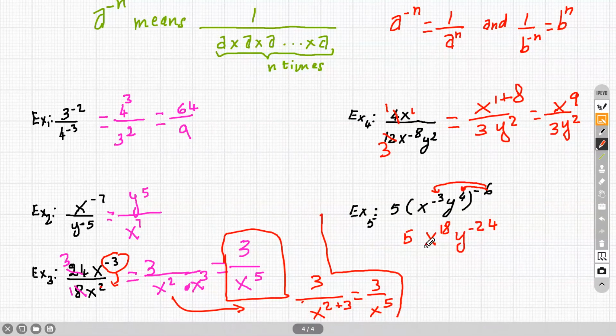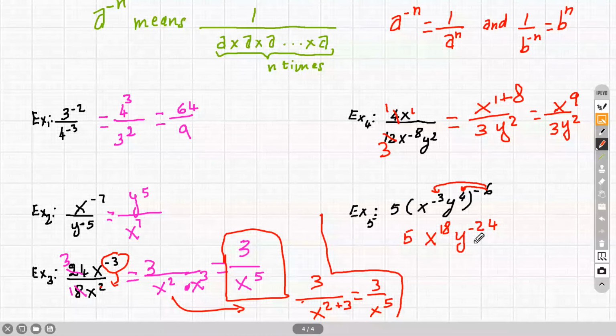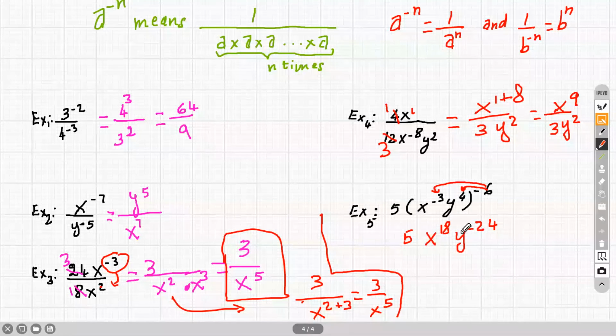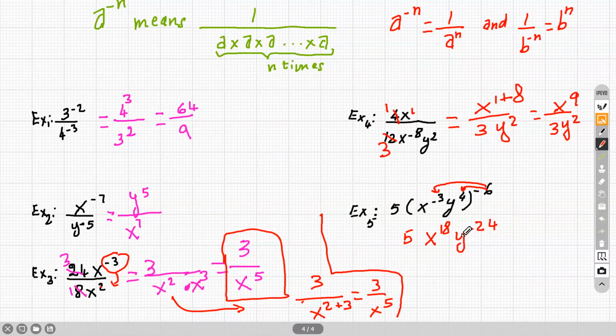We never leave a negative exponent in our final answer. It's not considered simplified if you have a negative exponent. So to get rid of this negative exponent, I will need to bring it into the denominator.